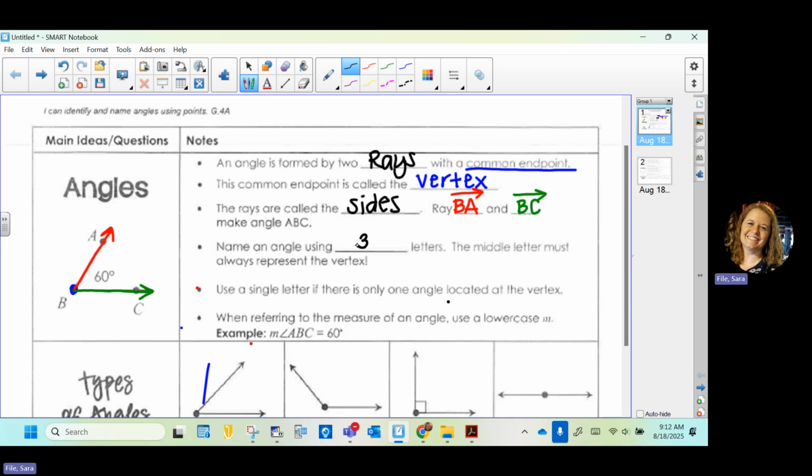I highly recommend tracing those three in the order that you think you're naming them, either with a pencil or just with your finger, and see if you actually trace over the angle that's drawn or the angle that you're trying to name. Because, for instance, if I tried to name this angle ACB and I traced from A to C to B, is that the angle in question?